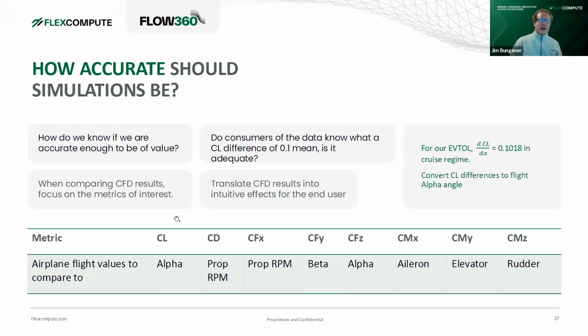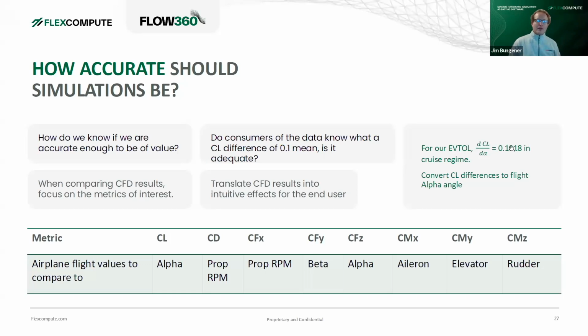So one of the ideas is to translate those CFD results into a metric of interest. Let's say you're talking to a pilot, and you're telling him or her that the CL difference is a CL of 0.1. Well, if we look at our eVTOL airplane earlier and we look at the CL alpha curve, in cruise, our dCL/dalpha is 0.1.